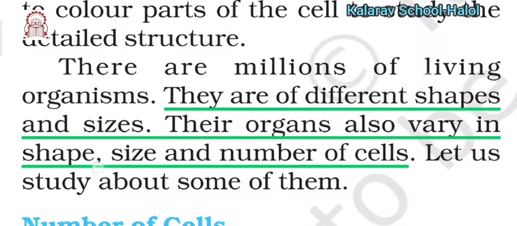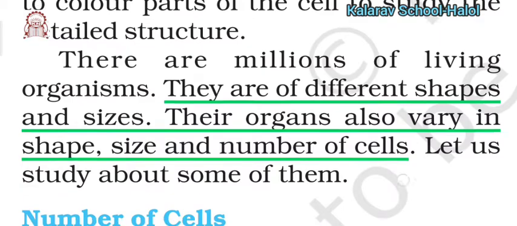Their size is different, their shape is different, and their number is different. That's why the organs are also seen as different. Organs have different cells, that's why they look different.